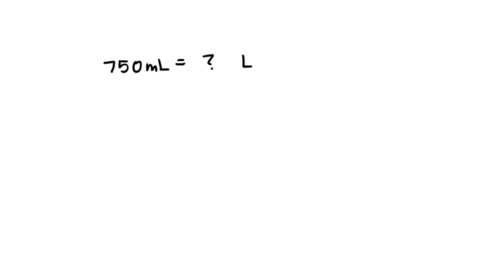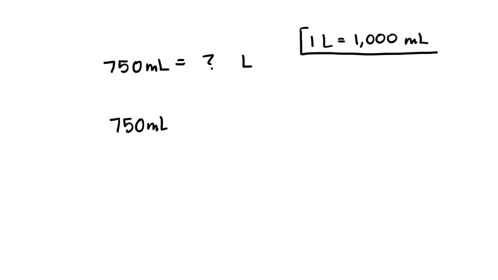So let's figure out what we have to start with here. We know we have 750 milliliters. Now I'm going to tell you our conversion factor. We know that 1 liter, because we've hopefully memorized it or we can look it up, 1 liter is equal to 1,000 milliliters. This is what we can call our conversion factor. We know this is always true. All right, we use our conversion factor to determine how many liters are in 750 milliliters.